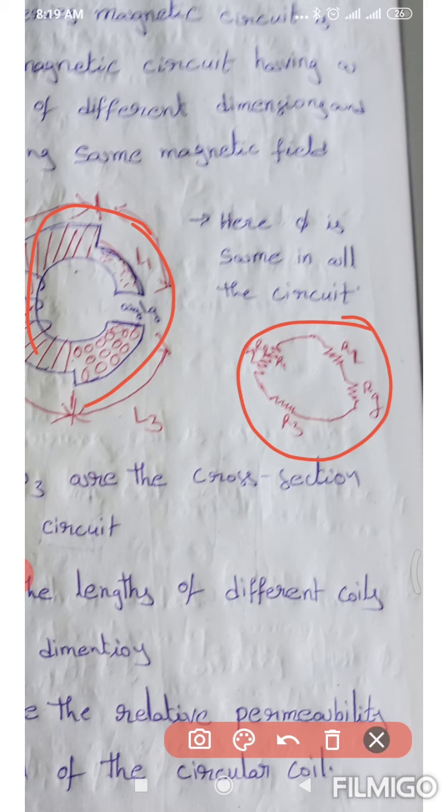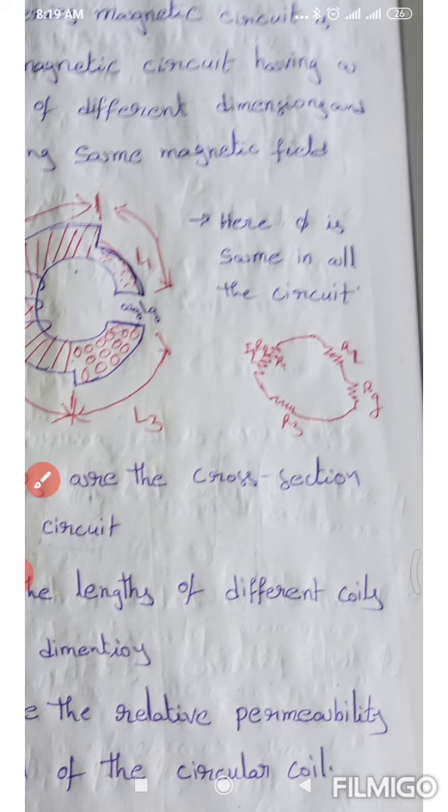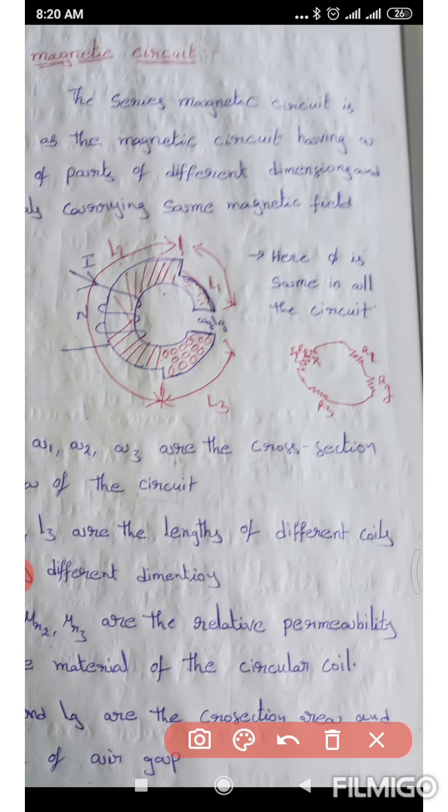Here, we derive this series circuit connection by considering the current. If you consider current, all the resistors connected in series have the same current flowing through them. Similarly, the analogy for current is flux in the magnetic circuit.